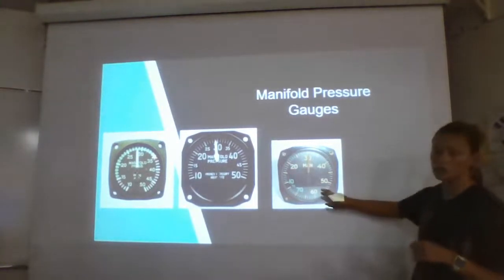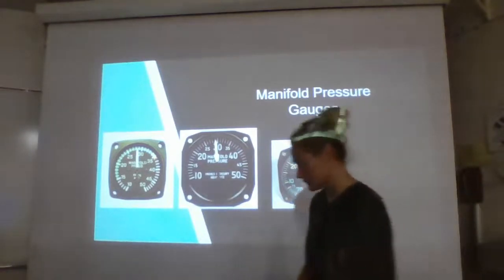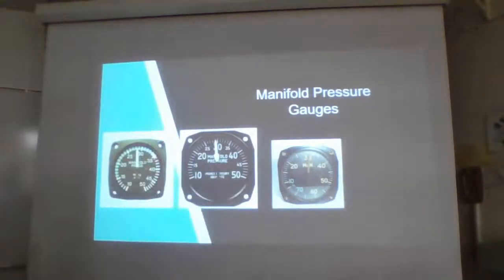So we would need to know what those parameters are. Not that you need to memorize them, but out in real life in the field, you're going to need to know where to find them in the book prior to doing any engine run-ups, because that's part of the checklist for an engine run-up, notating what the manifold pressure is, at least for reciprocating engines.